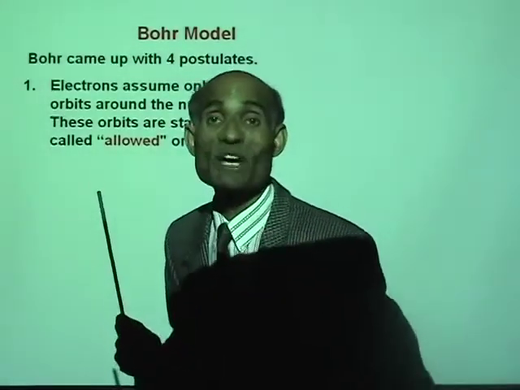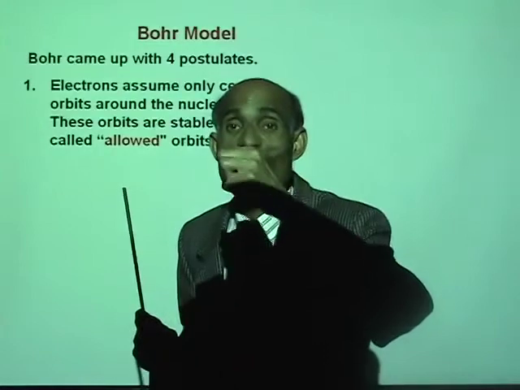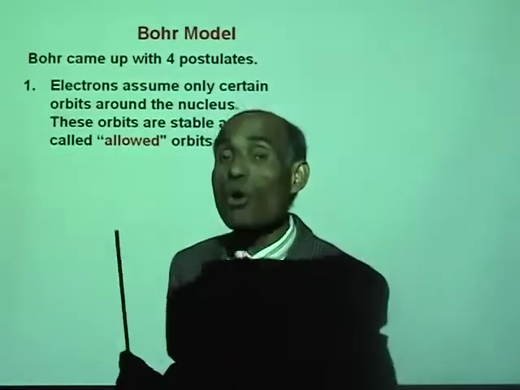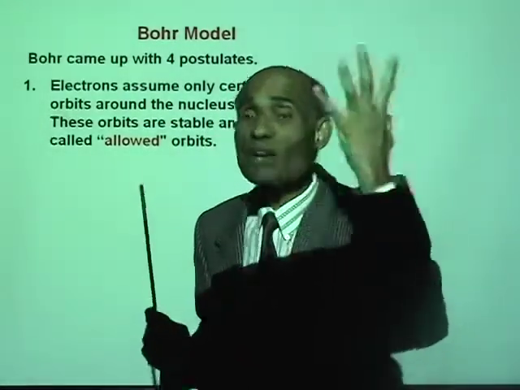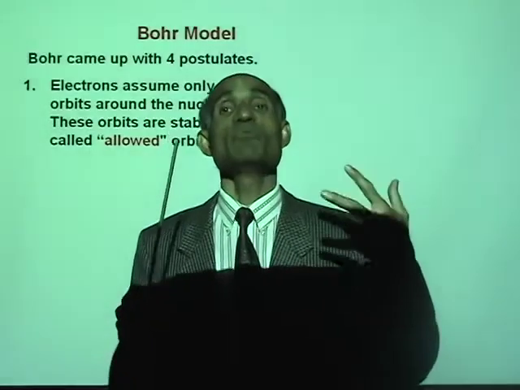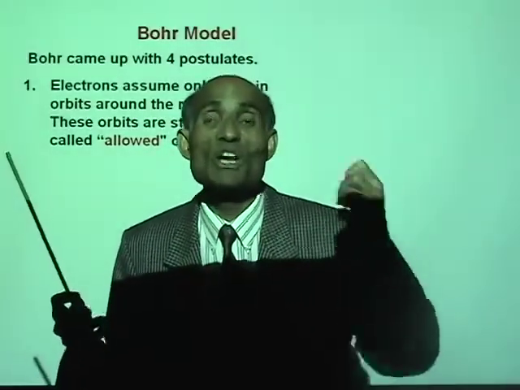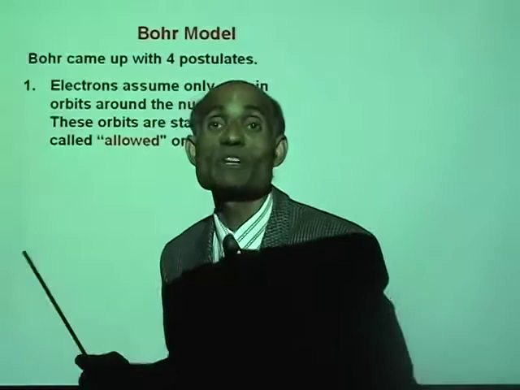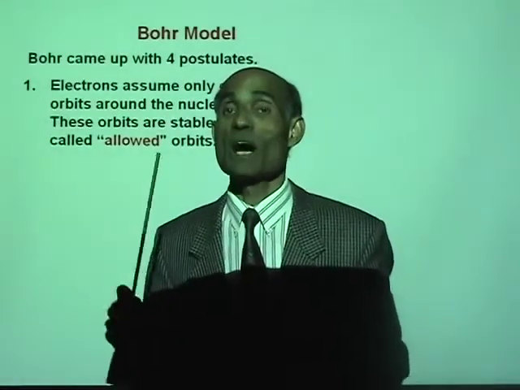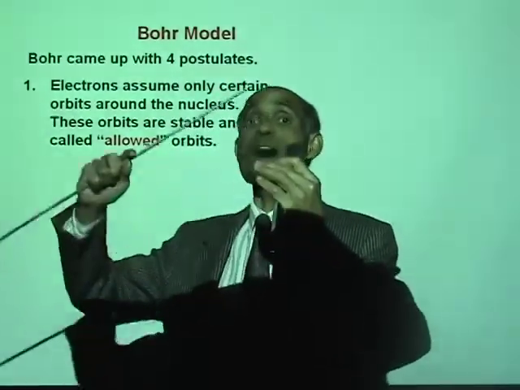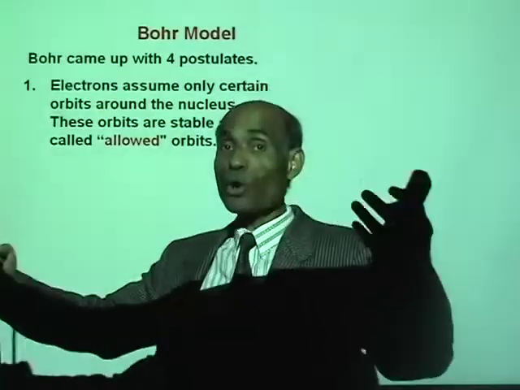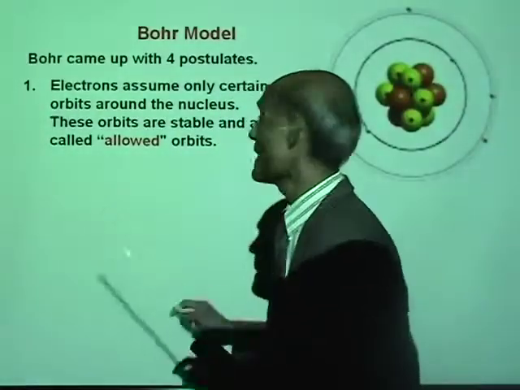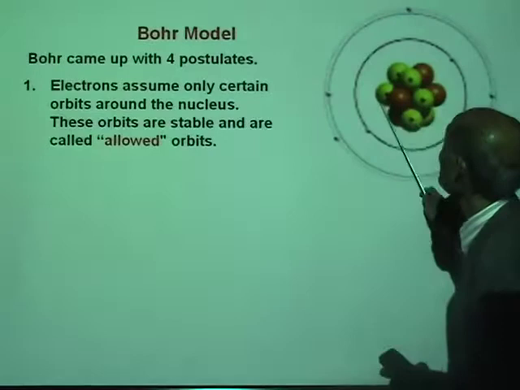And Bohr said as long as these electrons are in their allowed orbits, they will not radiate energy, and they will not lose energy, and they will not collapse into the nucleus. You see? And only certain orbits are allowed. Not all orbits are allowed. That means you have the nucleus here.